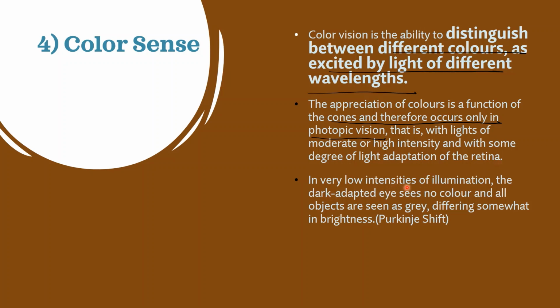In very low intensities of illumination, such as during night time or darkly adapted eyes, they see no color, and all objects are seen as grey, differing somewhat in brightness. This is known as Purkinje shift, where in dark illumination you see all the objects grey, varying in different brightness.